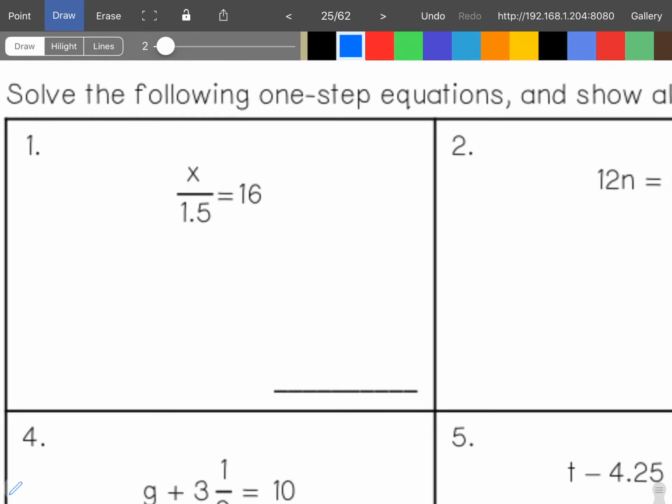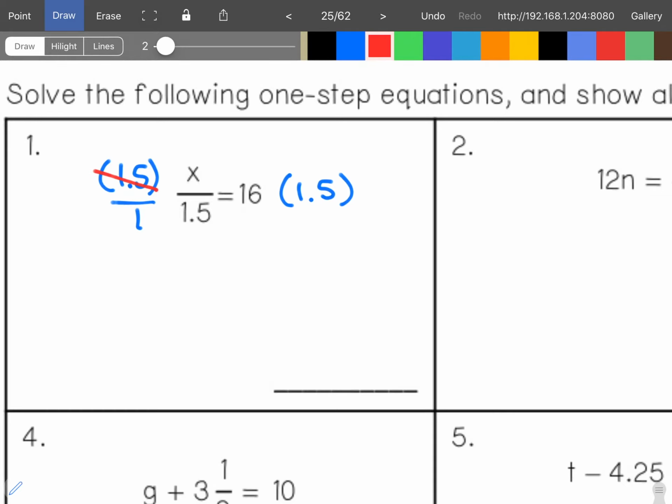So we're going to multiply both sides. You can use a little dot out to the side like that, or you can put it in parentheses like this. We're going to multiply both sides by 1.5. Now this is like 1.5 over 1.